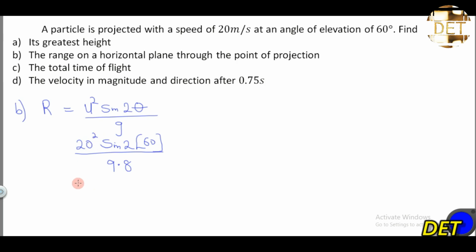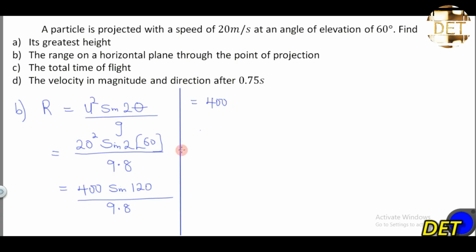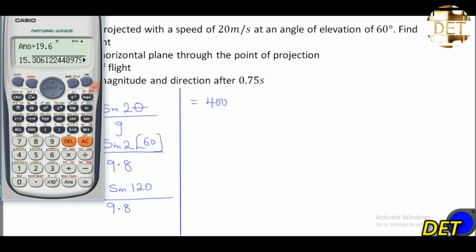So 20 times 20 will give me 400, sine 2 times 60 will give me sine 120, divided by 9.8. Sine 120 is equal to 0.866.